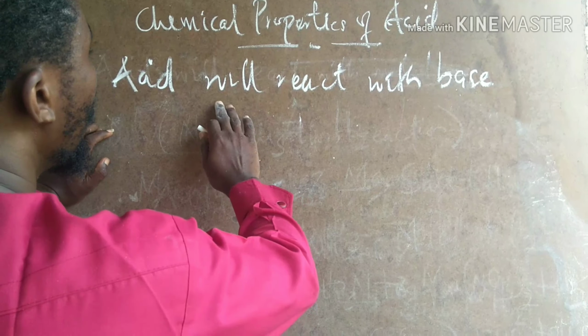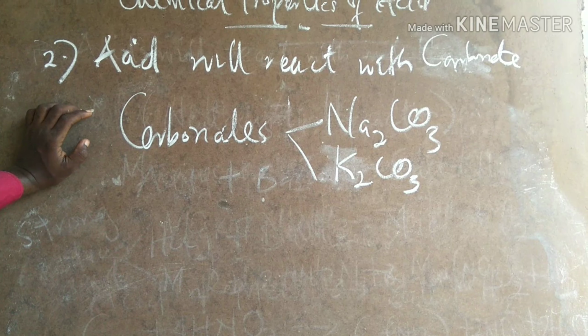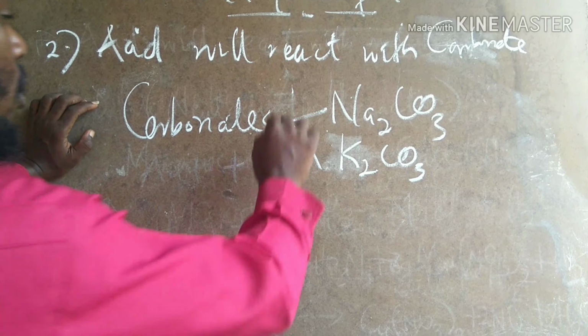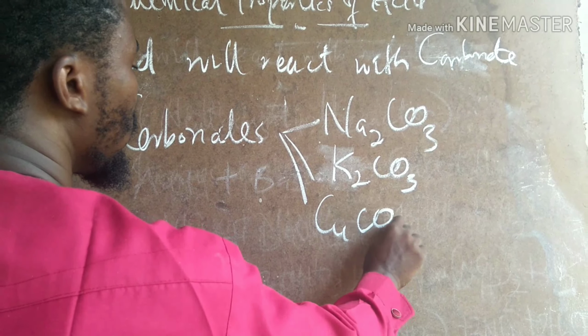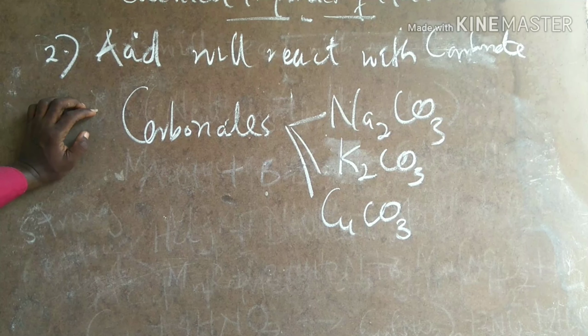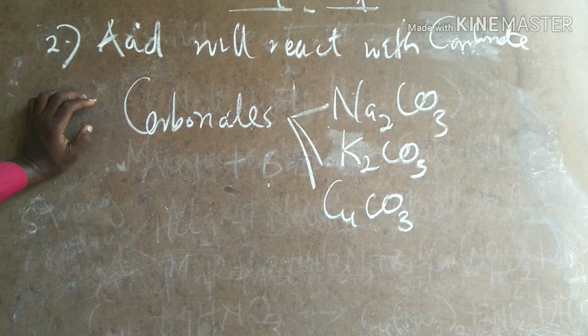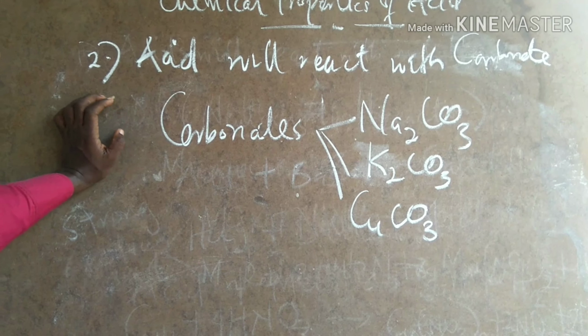You remember Na2CO3. You remember example K2CO3. You remember CuCO3. These are some of the examples of carbonates.